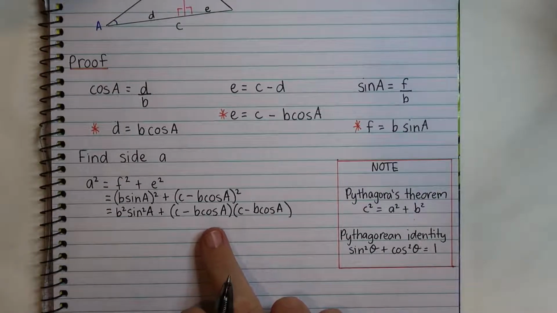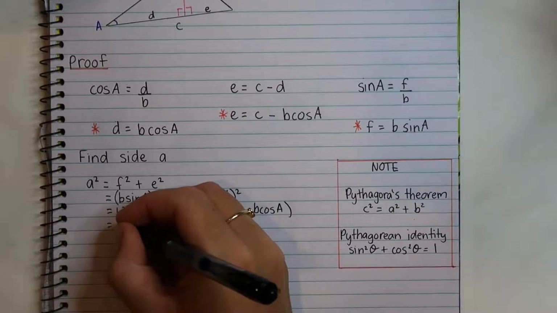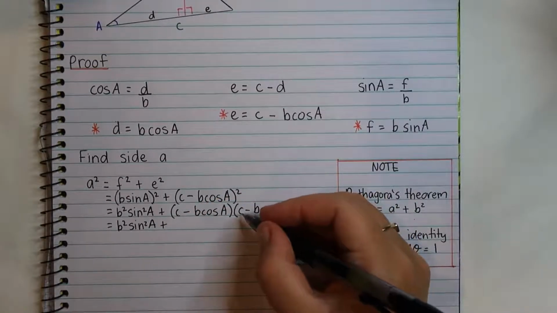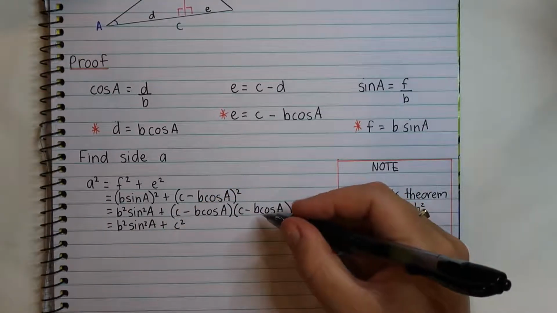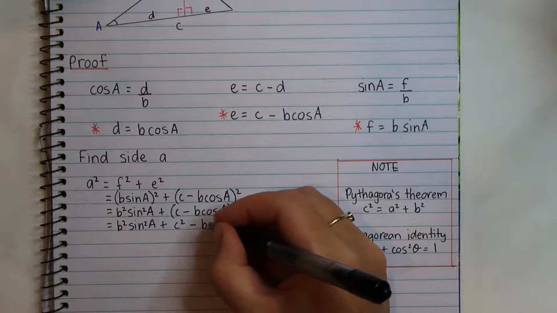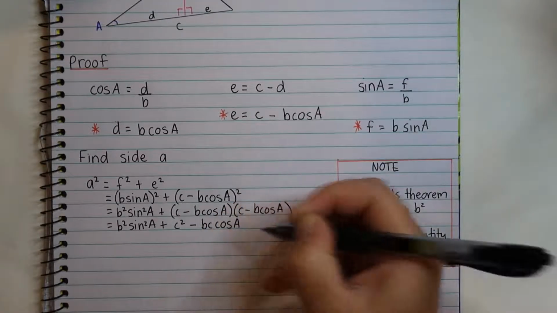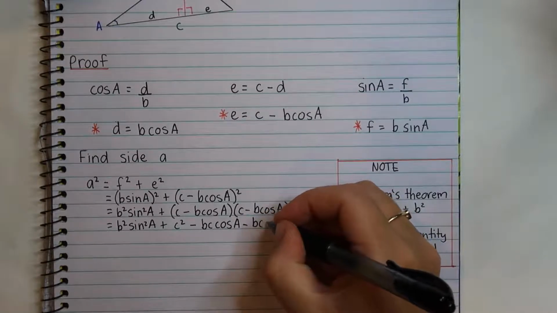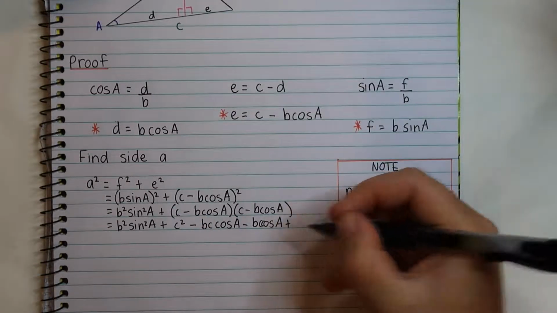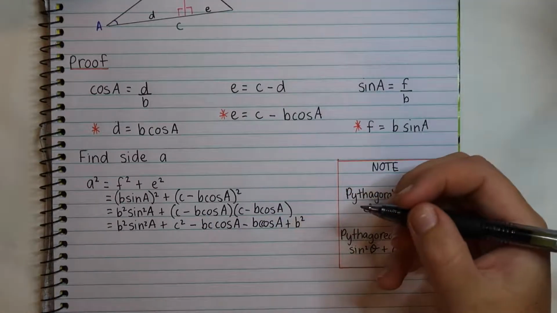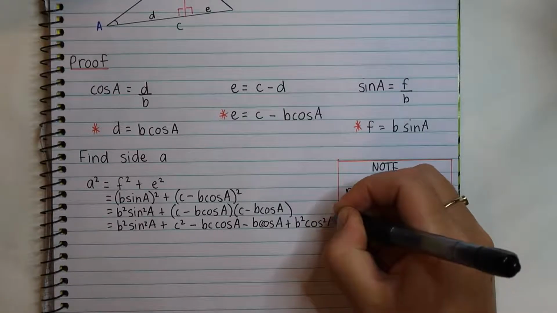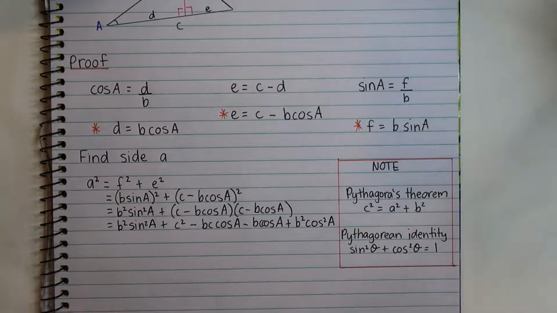Okay, so now we can use our FOIL method to expand these brackets. c times c is c squared, c times negative b cos angle A is minus bc cosine angle A, minus bc cosine angle A, and then our last two terms make a plus b squared cos squared angle A.